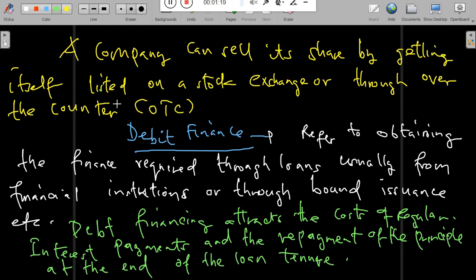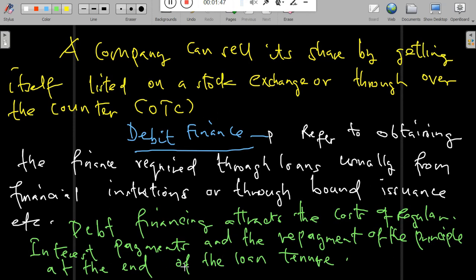Concerning debt financing, a company can raise money by selling debt instruments to investors. Debt financing is sometimes referred to as the opposite of equity financing. Under debt financing, the required finance is obtained through loans, usually from financial institutions, or through bond issuance and so on.